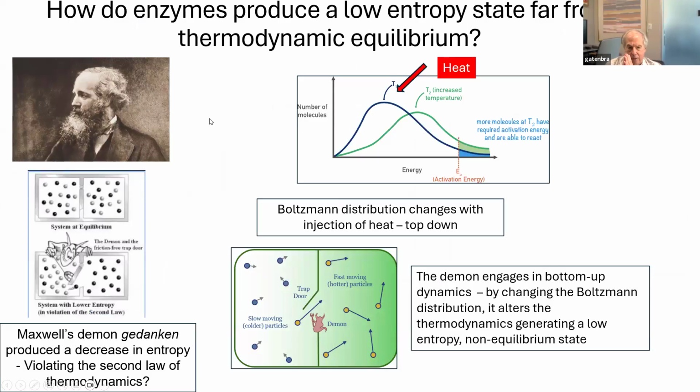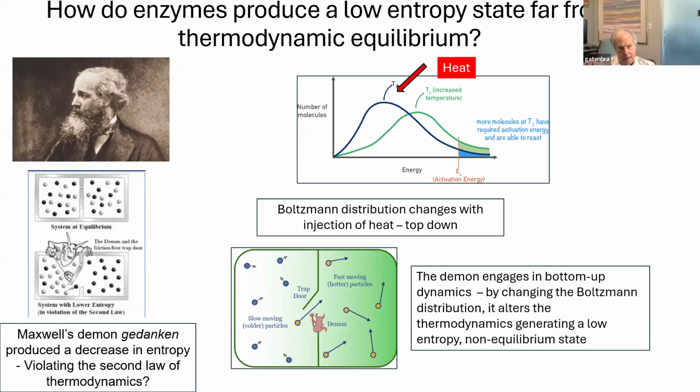Now, how does that actually work in terms of the thermodynamics of the cell? And here I go back to Maxwell's demon Gedanken, and I think probably everyone is familiar with this, but just to clarify, Maxwell had a thought experiment. He called it a finite being, but ever since then it's been known as Maxwell's demon.